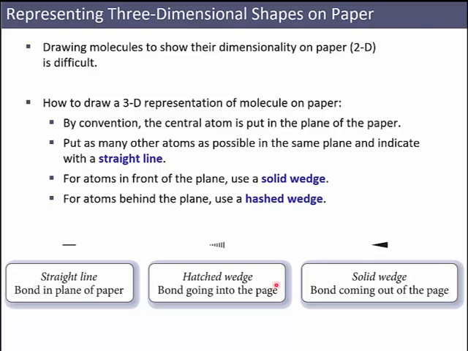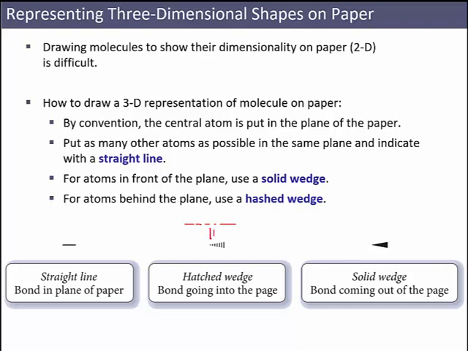And then we're going to indicate whether or not they come out of the plane of the paper towards us using a wedge, or for atoms that are going beneath the plane, we're going to use a hashed wedge. Now, sometimes you will see people kind of mixing those. They might do a dashed line without making it a wedge.